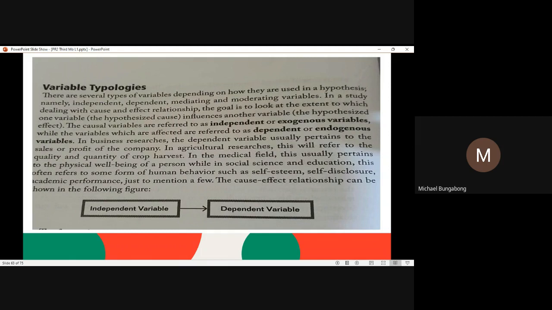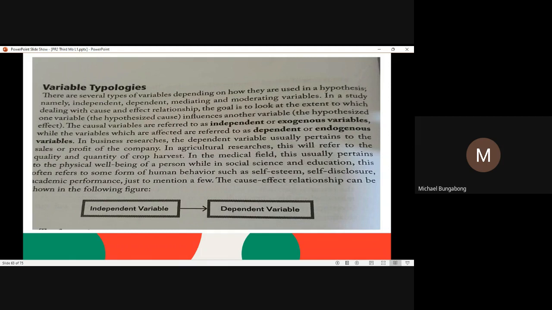But the question is, we don't know when to use that, or in what situations or type of title we do have moderating and mediating variables, because obviously independent and dependent variables are supposed to be there already, right?